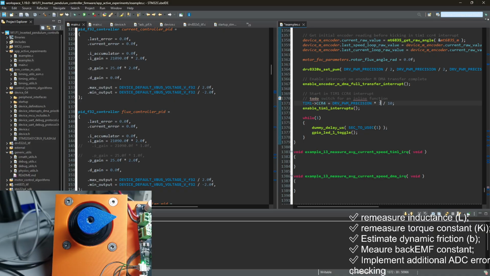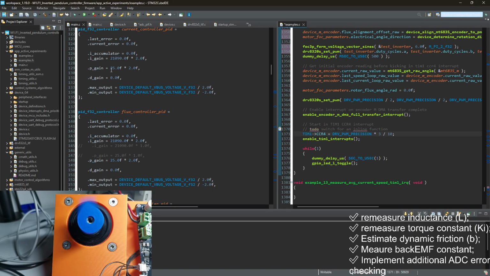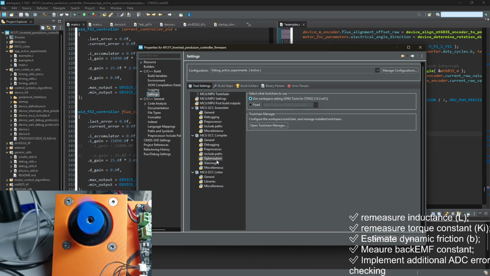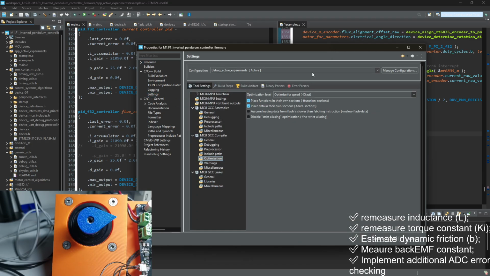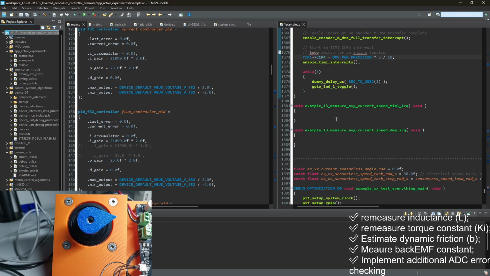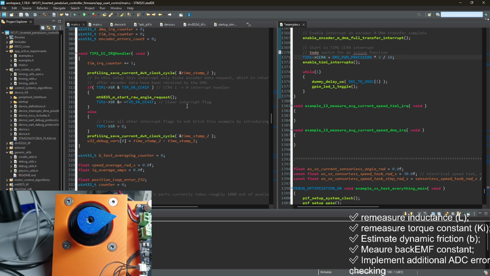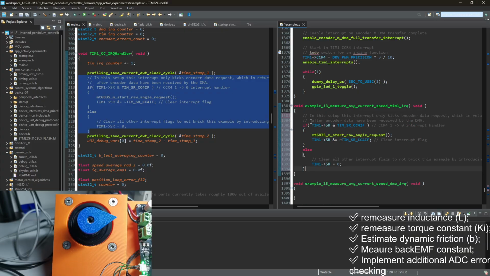How aggressive do we want to be here? I'd say it's fine. Also, I need to check my optimization level for this project. I'm not sure if it's set correctly. Let's do it really quick. Optimization, active experiments. Actually, it's done correctly, so perfect. Let's keep copy pasting our own code. We need this part and this part only, and this will be the timer interrupt.